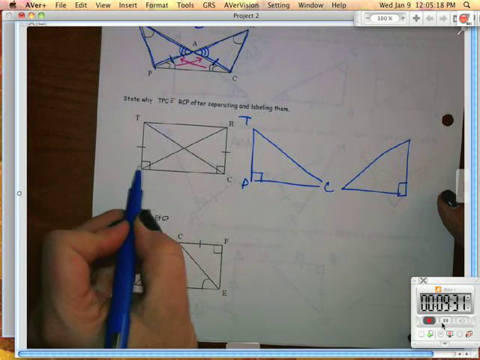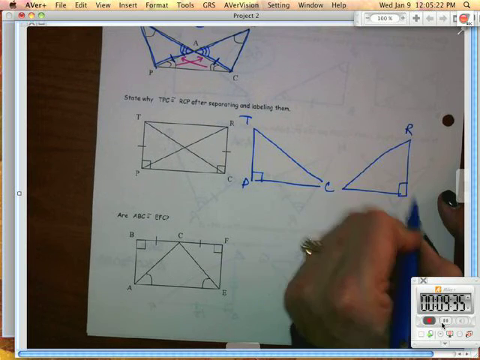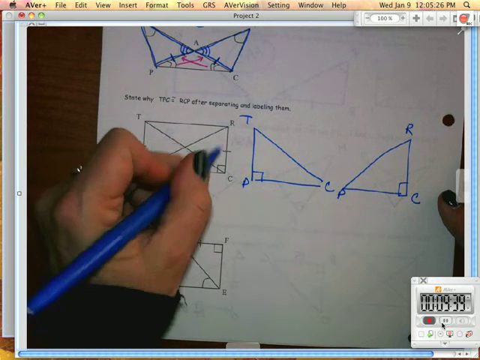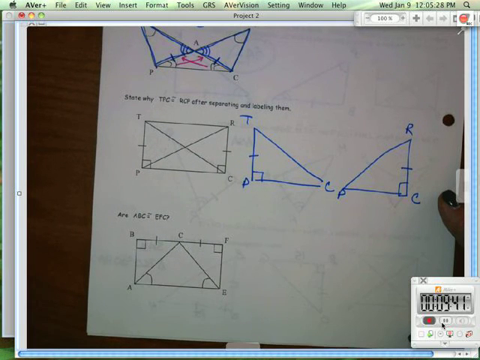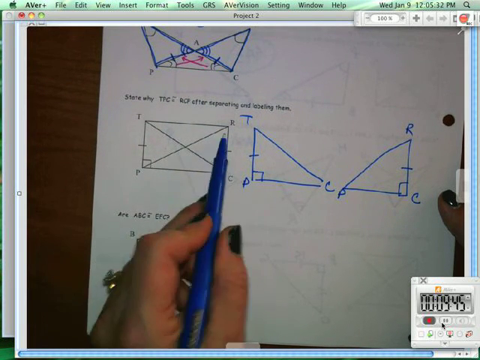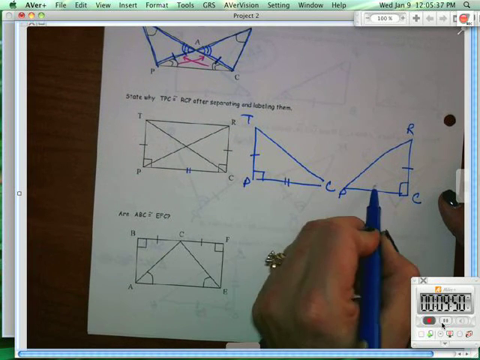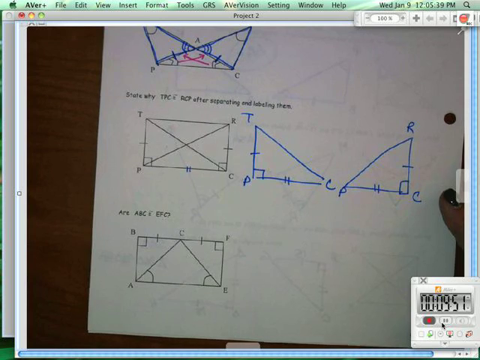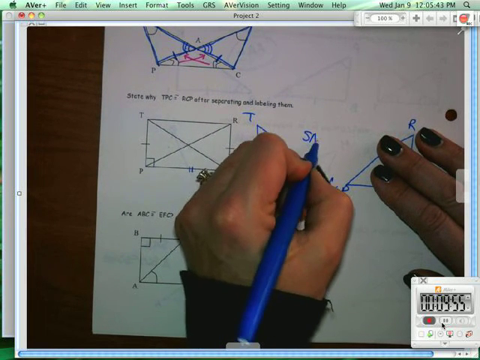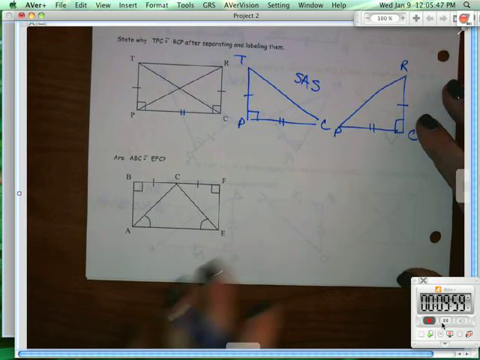Okay, there's a right angle here for P, and there's a right angle at C. And then they showed me that TP is congruent to RC. And I see here, since I'm talking about this triangle and this triangle, they share this side in common. So PC is congruent to PC. Now that I've marked it up, I can see that I have side, angle, side. Alrighty, let's do another one.